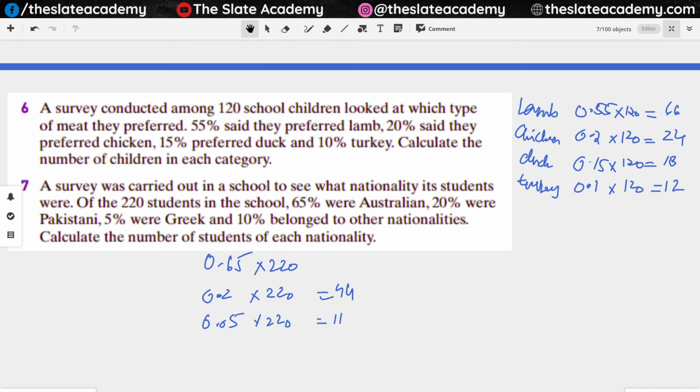And 10% other nationalities, 0.1 times 220, which would be 22.